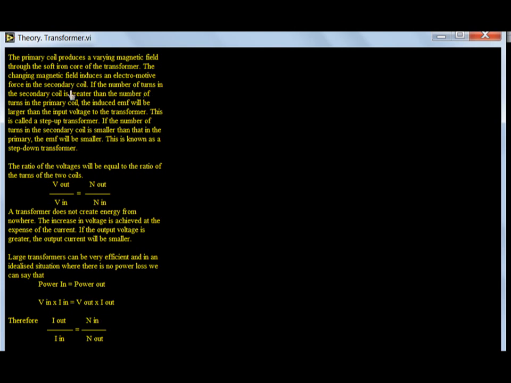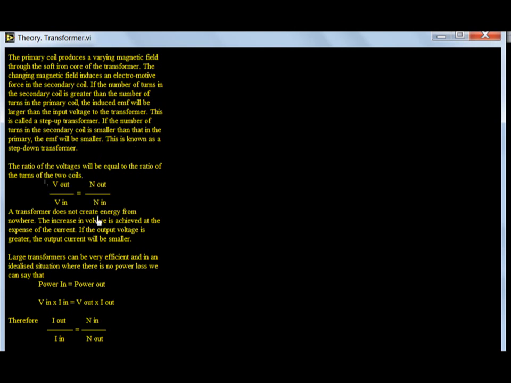If the number of turns in the secondary coil is greater than the number of turns in the primary coil, the induced EMF will be larger than the input voltage to the transformer. This is called a step-up transformer. If the number of turns in the secondary coil is smaller than that in the primary, the EMF will be smaller. This is known as the step-down transformer.